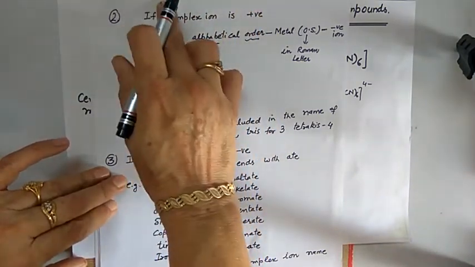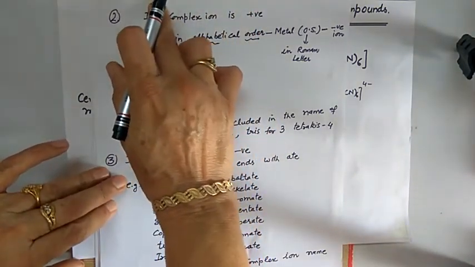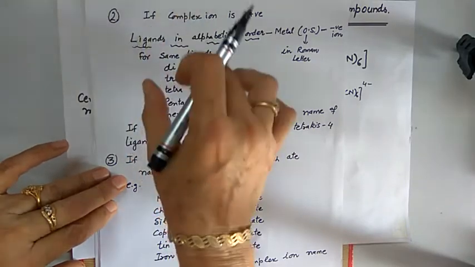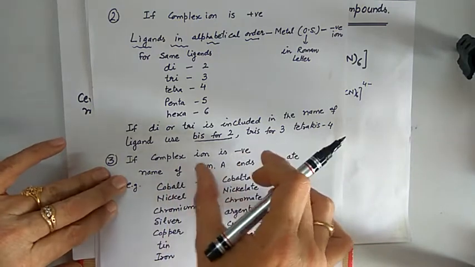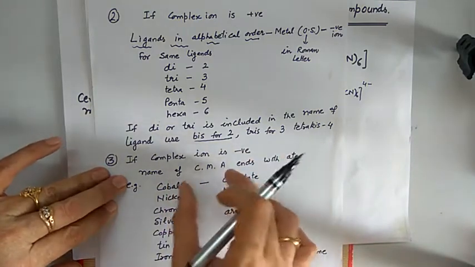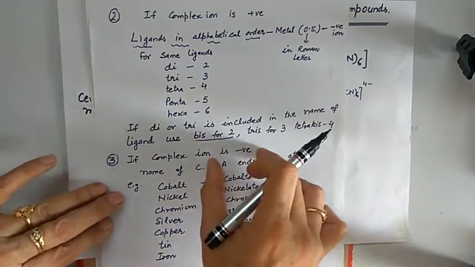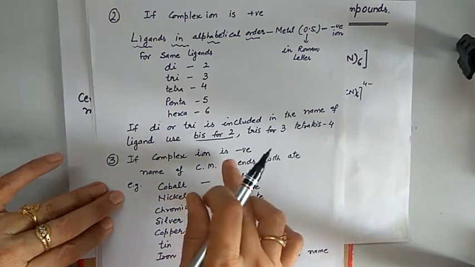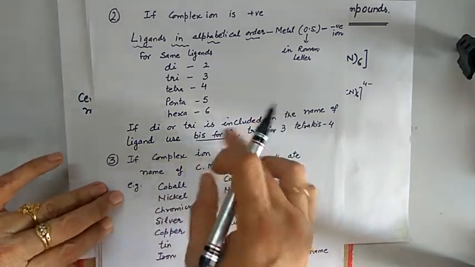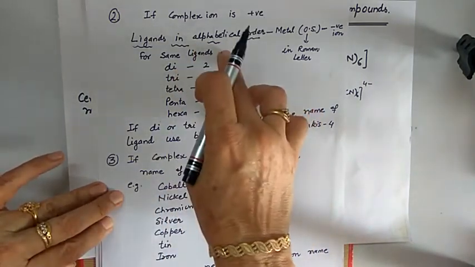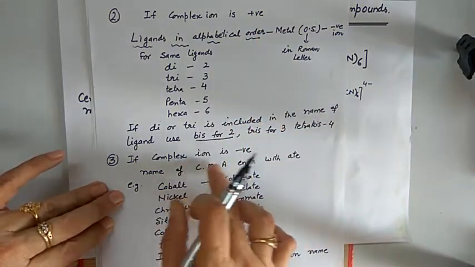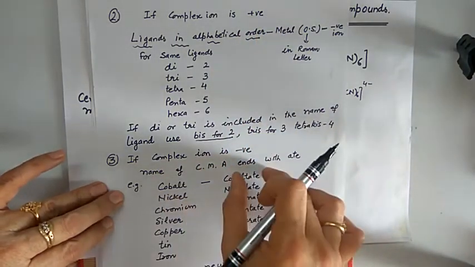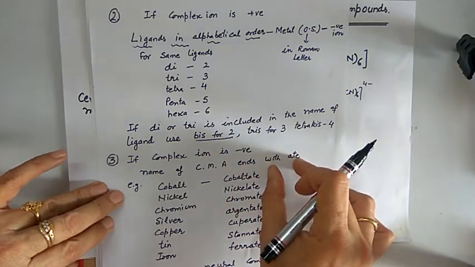We write the positive ion first, whether it is a complex ion or a simple metal atom, and then the negative ion. So in this case, where the complex ion is negative, naming of the complex ion is in the same manner as for the positive ion. We write the names of ligands in alphabetical order, then the metal atom, then its oxidation state.